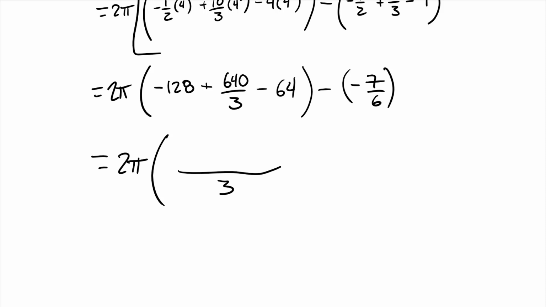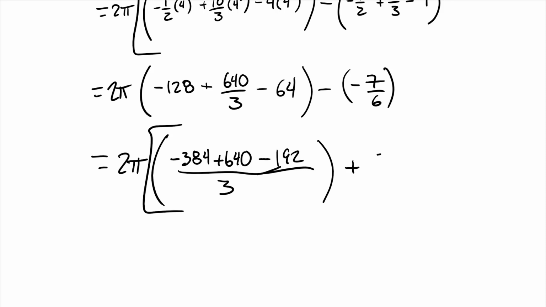So 3 times 128. I'm not pulling my calculator out. It's negative 384 plus 640. And now 64 times 3. And that's going to be negative 192. Oops. Plus our 7/6.